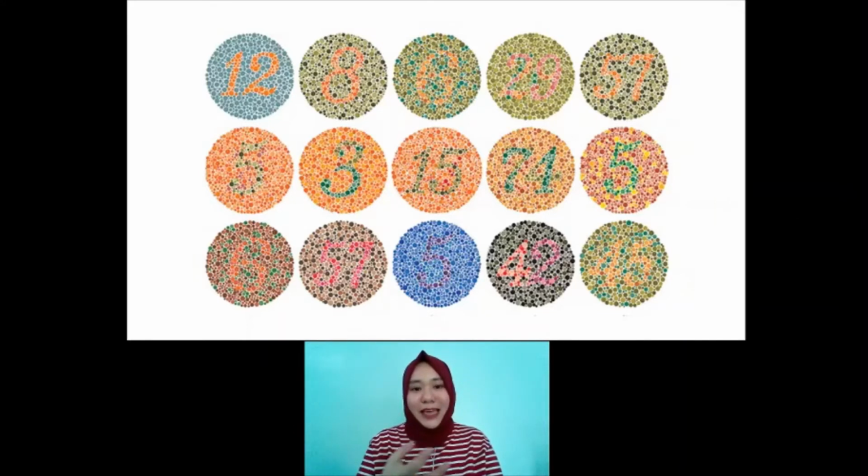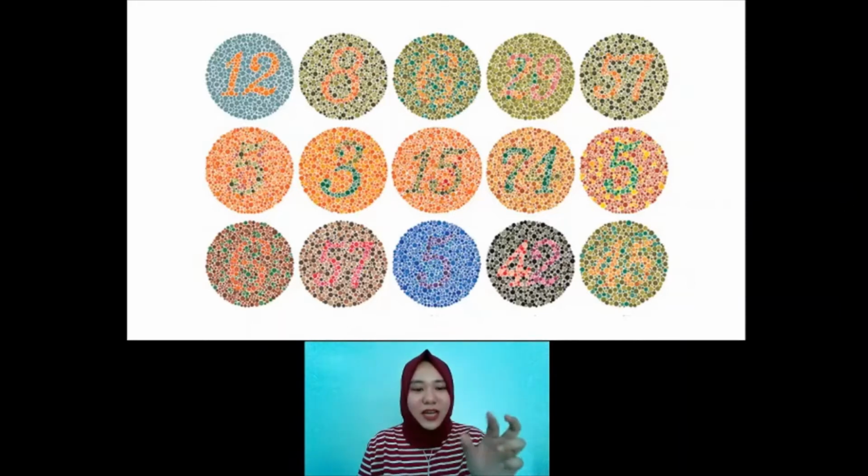Some of you might have friends from the maritime, from the pre-baccalaureate maritime senior high school, who need to undergo this because it's actually a very important assessment before they could proceed to take the course. If they fail the Ishihara test, they could not continue with the said program. There are actually numbers embedded in each circle.